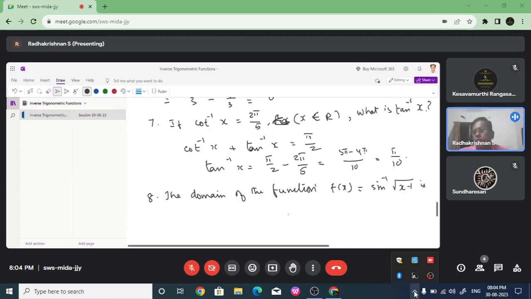Because sine inverse of 2, it doesn't make sense. It's not defined, because the sine of anything cannot be 2. So sine inverse is defined only for minus 1 to plus 1. That means this value has to be in the range minus 1 inclusive to 1. So this is what you have to solve and determine the range for x now.